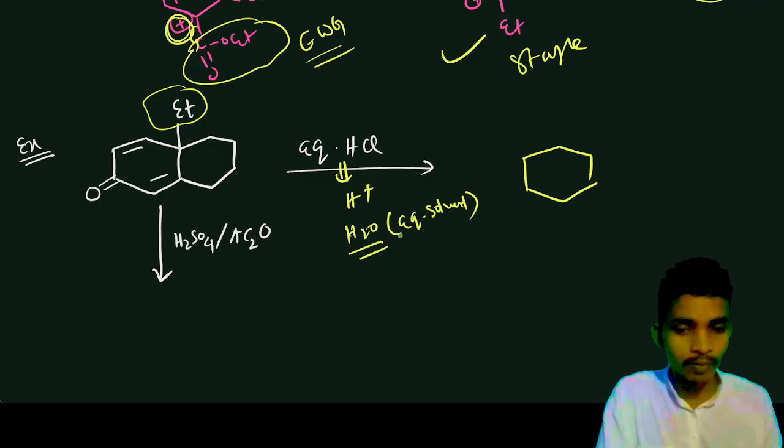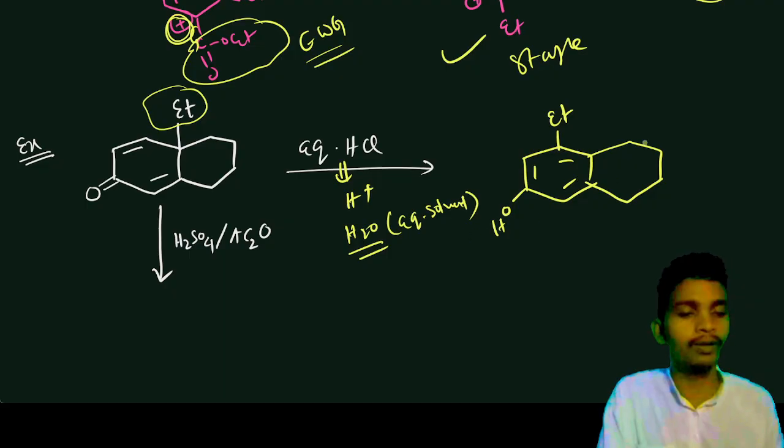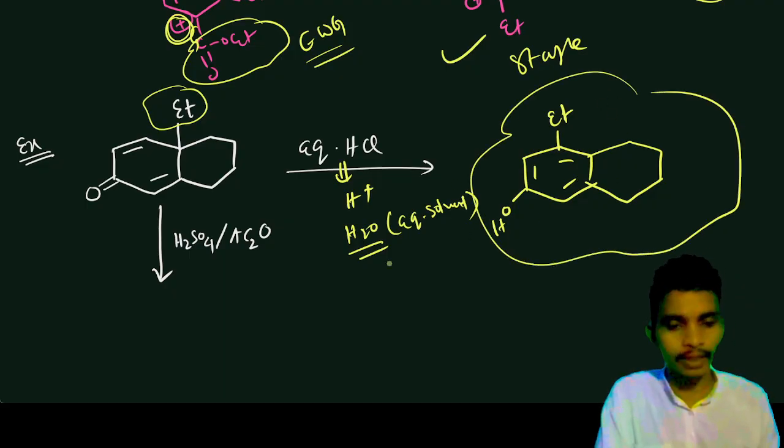If it is an aqueous solvent, then that is going to be the meta product. So let's say two rings I will make, and let's say there is OH, then this is ortho, then meta. Here we have the ethyl group, and this is the dienone phenol. So this will form if it is an aqueous solvent.